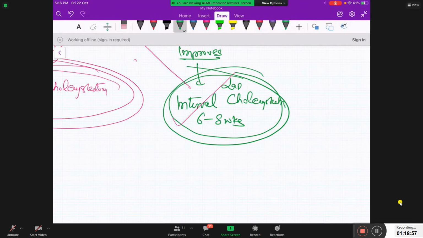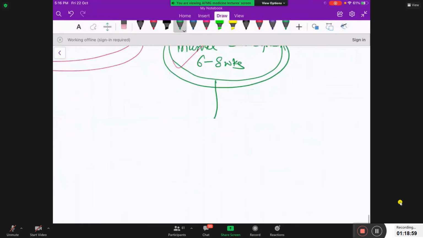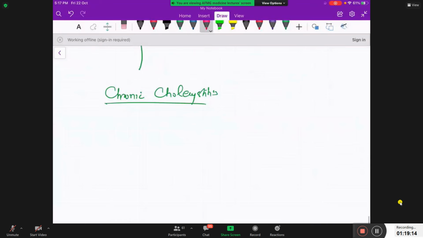So this patient who didn't get a cholecystectomy done after the acute attack is now a chronic cholecystitis patient with us.